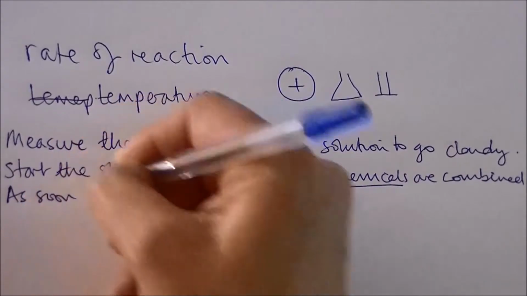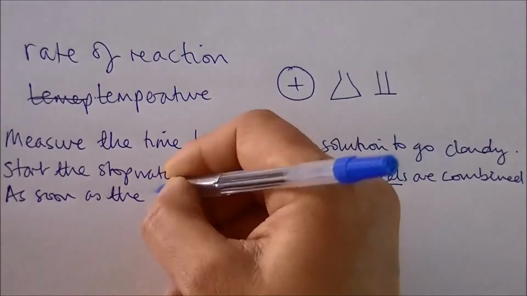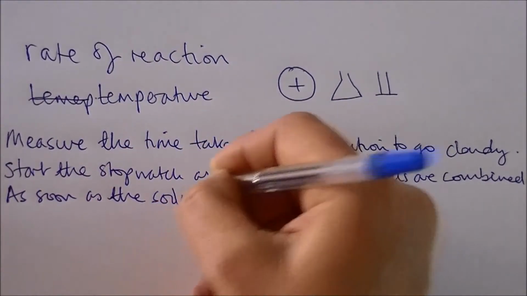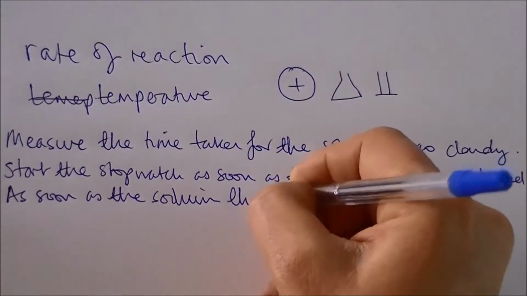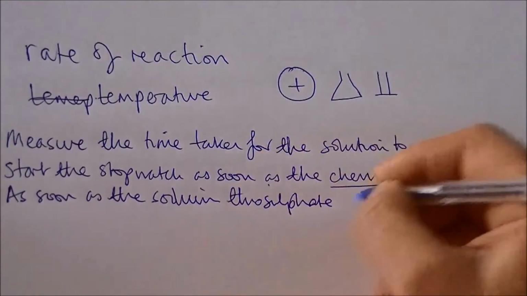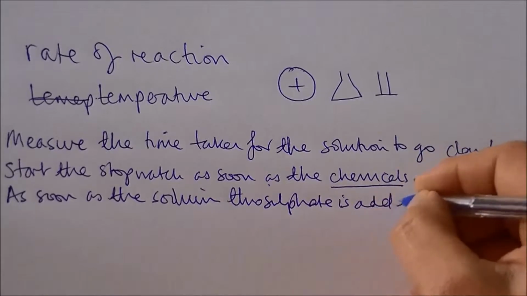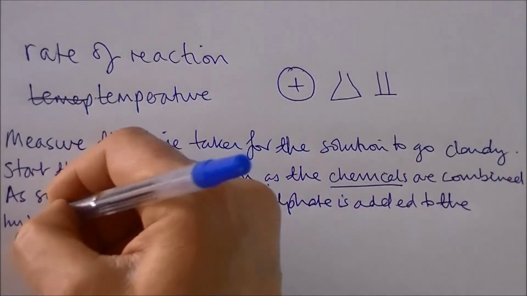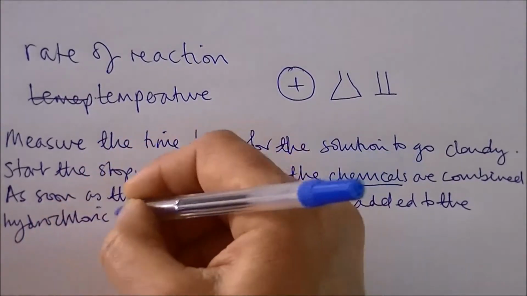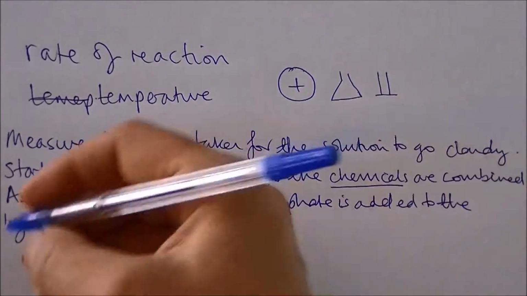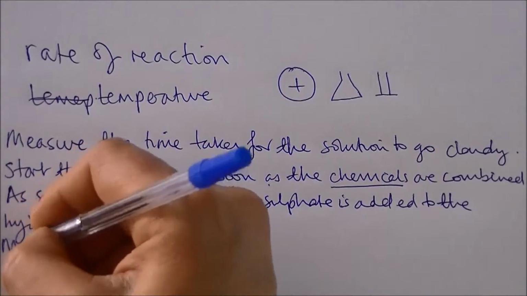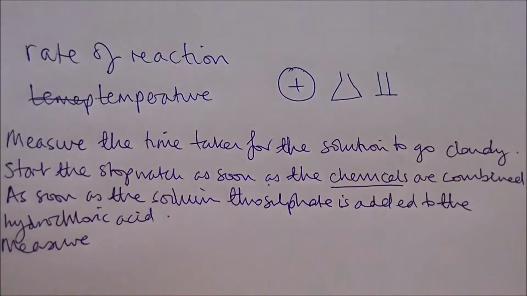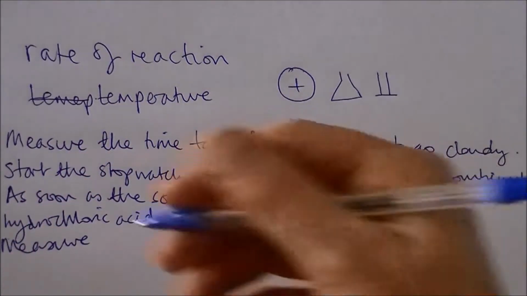So start the stopwatch as soon as the sodium thiosulfate is added to the hydrochloric acid. It might ask us to say how we're going to use this apparatus. Measure. Remember, we've got to talk about exactly what we're going to do, and we've got to keep our variables the same.